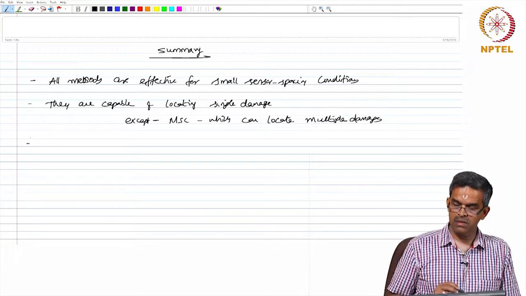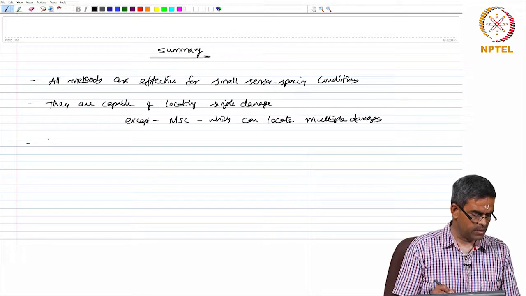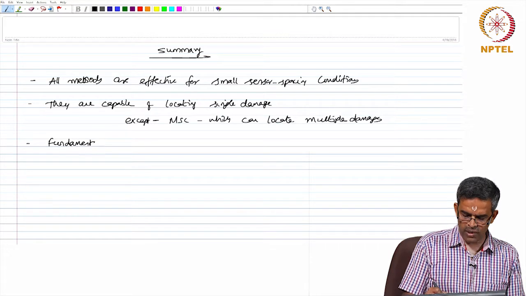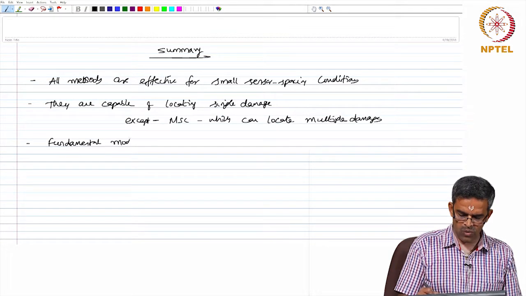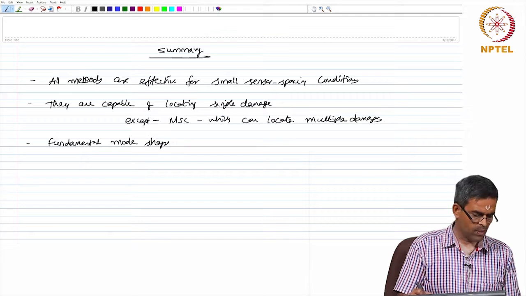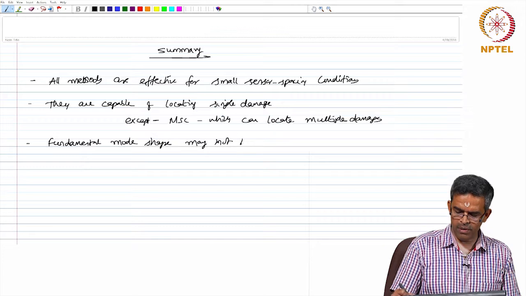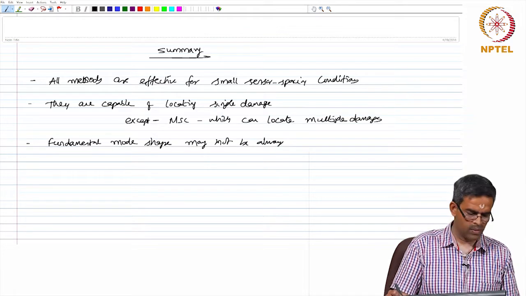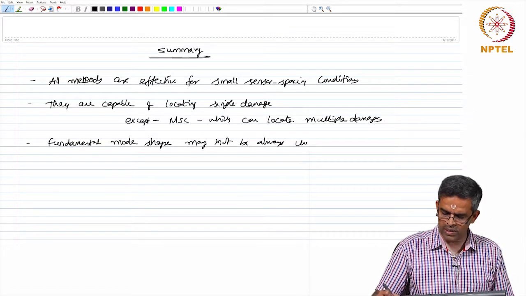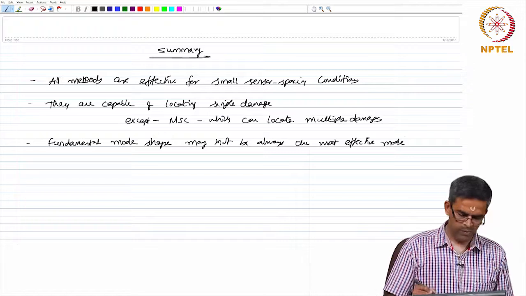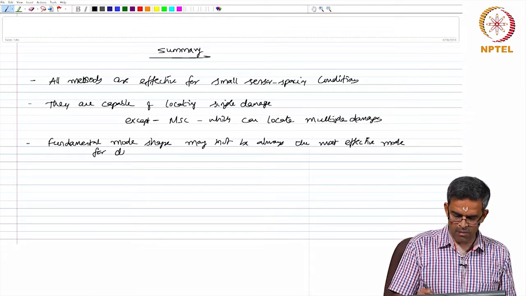The next summary we can see, it is very interesting to note, is that fundamental mode shapes alone may not always be the most effective mode for damage detection.